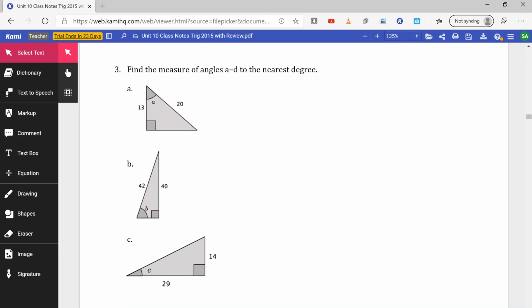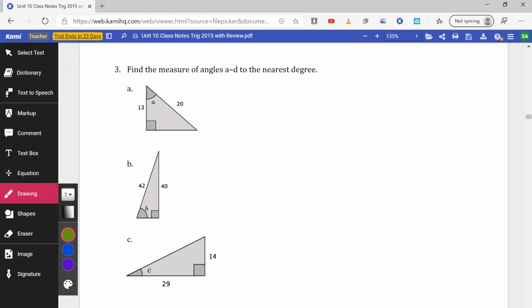First one, we have angle A with sides 13 and 20. So 20 being across from the right angle, there's our hypotenuse. And 13 being next to our angle, there's our adjacent. So adjacent and hypotenuse means we are dealing with cosine. So cosine of angle A is adjacent 13 over 20.